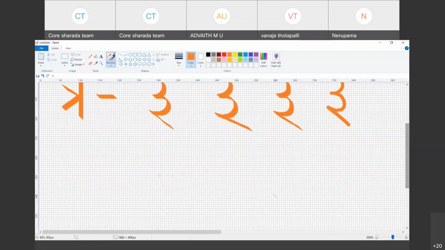Okay, I'm moving to the last one. That is Gya. This is Gya in Devanagari. Now here in Sharda, this Gya is a combination of J and N, unlike Devanagari.